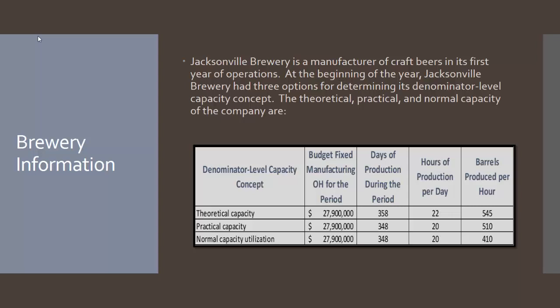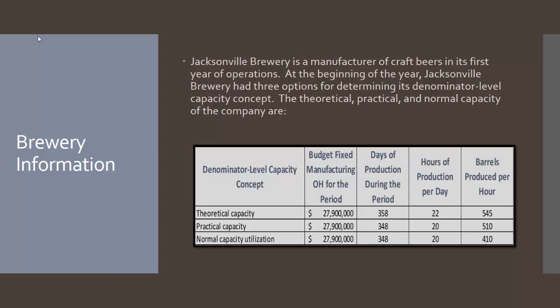For normal capacity, they still think they can operate 348 days a year and 20 hours a day, but they think they can only have the demand to warrant producing 410 barrels per hour. So theoretical, all out, as much as you could produce. Practical, taking into consideration maintaining your machines and safety. And then normal, taking into consideration both maintaining your machines and safety, but also how much you expect to sell.